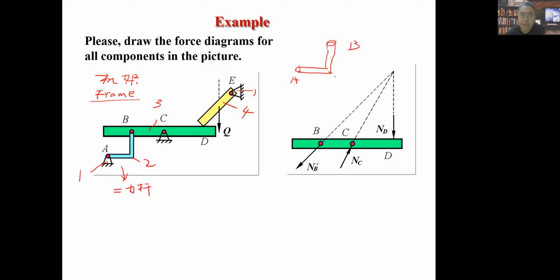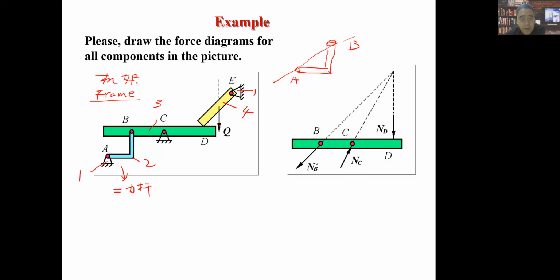We make sure that AB is 二力杆, double force equivalent rod, then it will always first link AB. We have added line, right? Then the two forces may be pushed together, maybe pointed to each other, maybe away from each other.